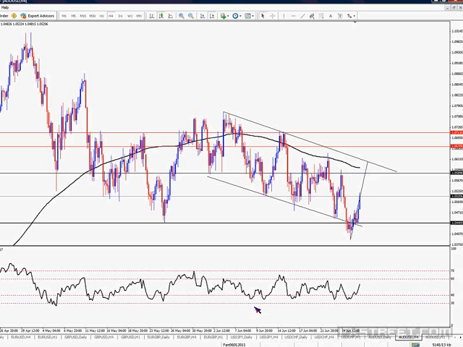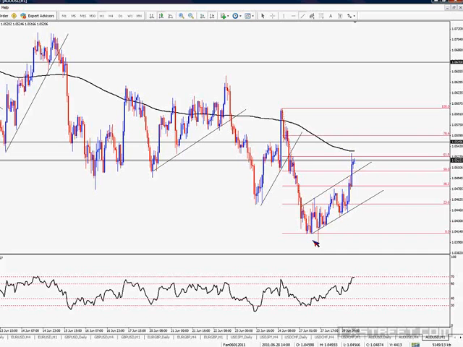Okay, so upside right now, sometimes this is what happens. You get some kind of correction like this, then you break, and then if this fails this low, you get another corrective pattern, and this turns into a more complex and possibly extends into the medium term.